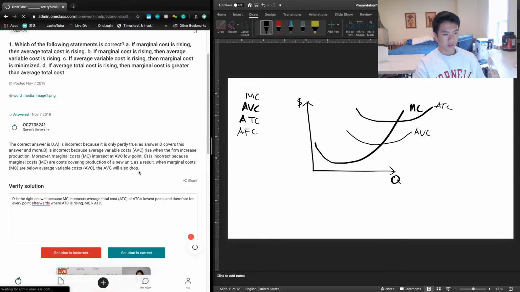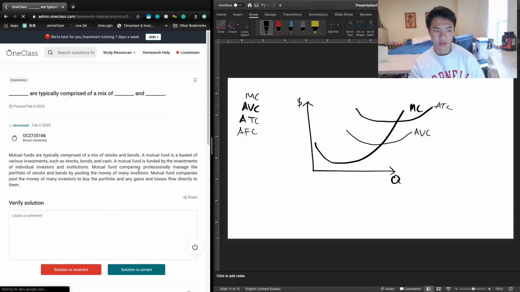And so that's going to be our modification of that solution, but almost largely correct.